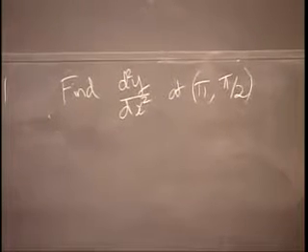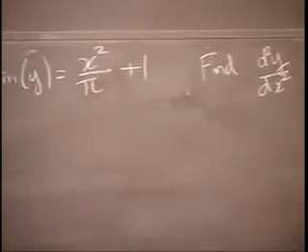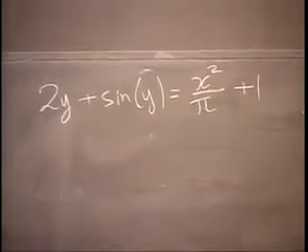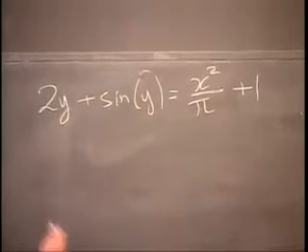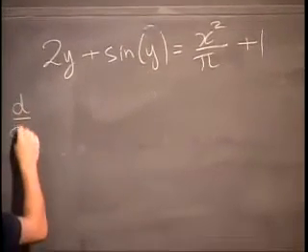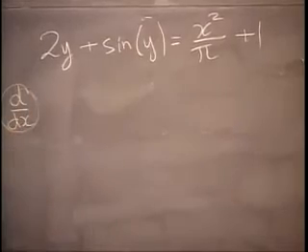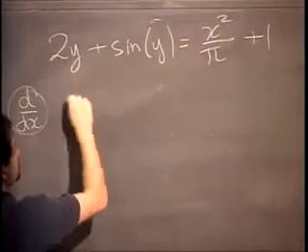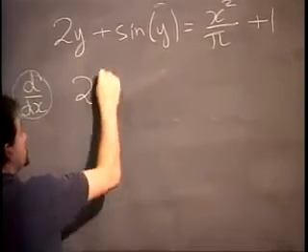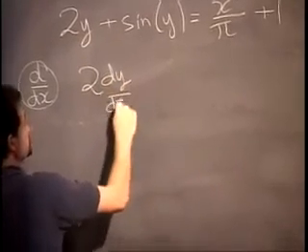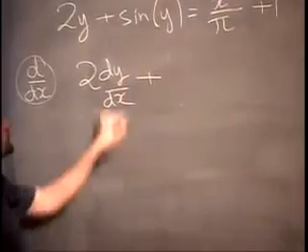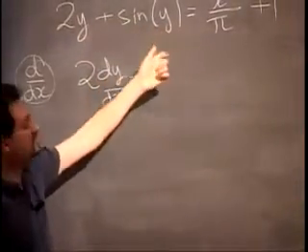Let's do it implicitly. Even if you could solve for x, which you can, it's not easy to get the second derivative. So, let's, first of all, take a d dx of all this. Well, what do we get? We get 2 dy dx plus, well, look, we can use the chain rule. We can let u be sine y, but we see how this goes.